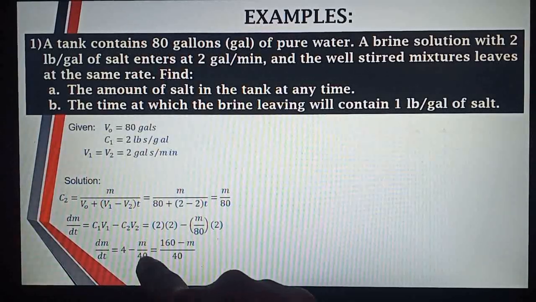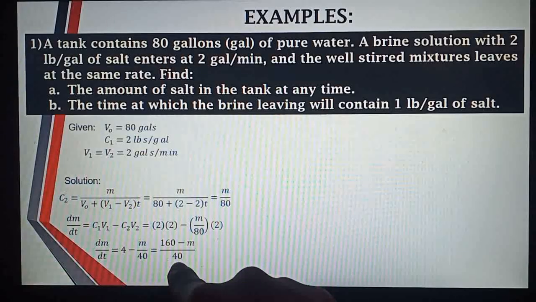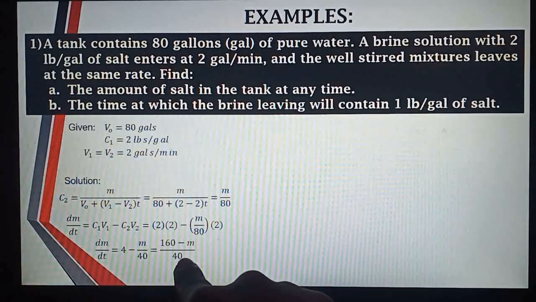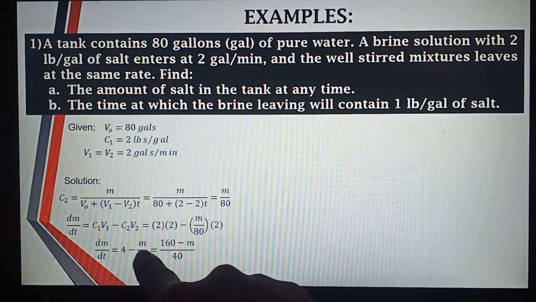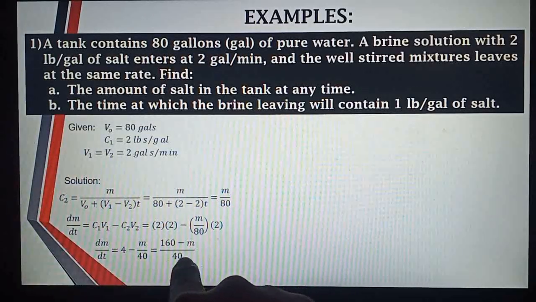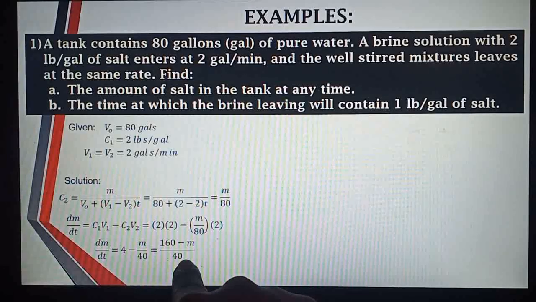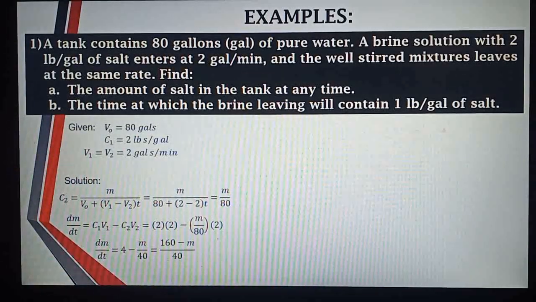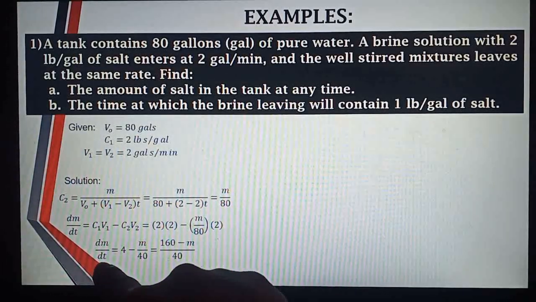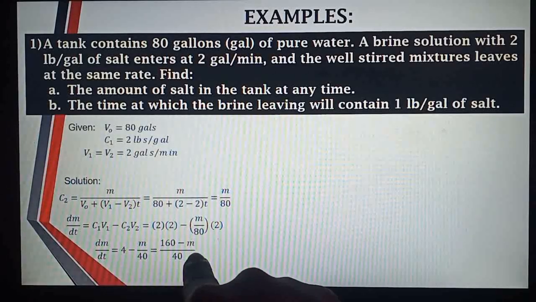Simplifying again into one fraction, that is 160 minus m, because 40 multiplied by 4 is 160, all over 40. So dm over dt equals 160 minus m over 40.